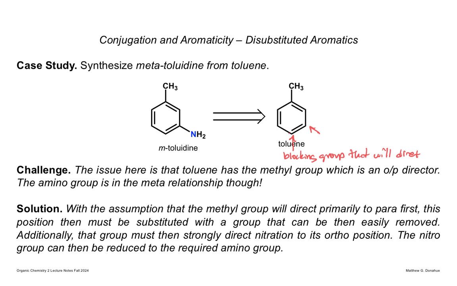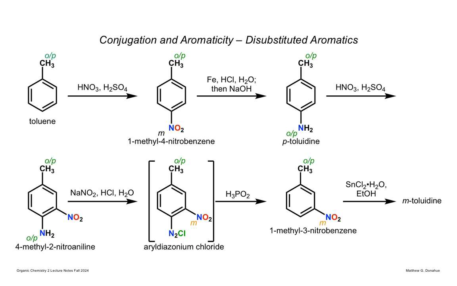We need to block this, install something here, and then remove that blocking group. So the way to do that, we're starting with toluene. We're going to nitrate the para position.